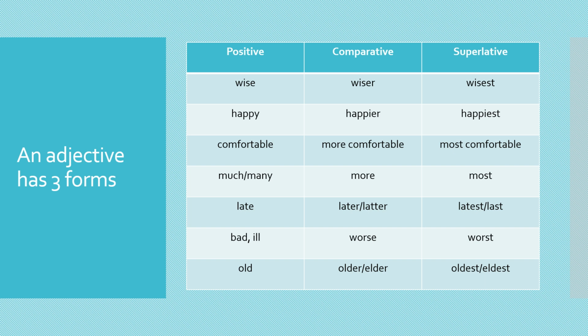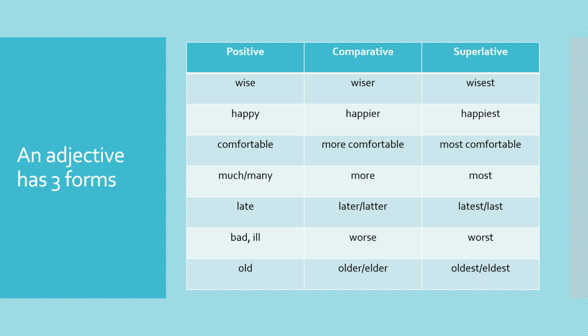Certain adjectives do not take the ER and EST forms for comparative and superlative degrees. For them, we add more and most before the base word. So comfortable, more comfortable, and most comfortable.